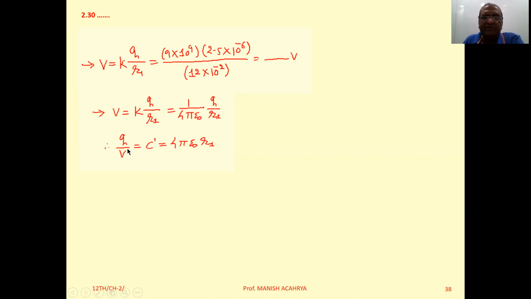So from this equation, if we write Q by V, then that is the capacitance of that isolated sphere, that is 4 pi epsilon 0 R1. So C dash is 4 pi epsilon 0, 8.85 into 10 raised to minus 12, 12 into 10 raised to minus 2, that is R1. Solve this one, you will get the answer. Clear to all of you?